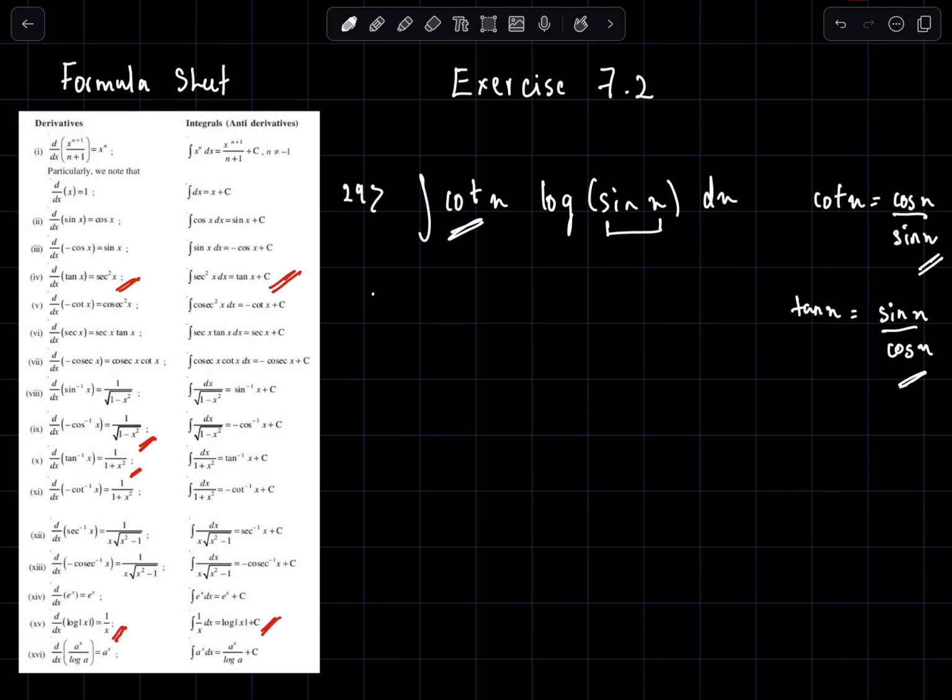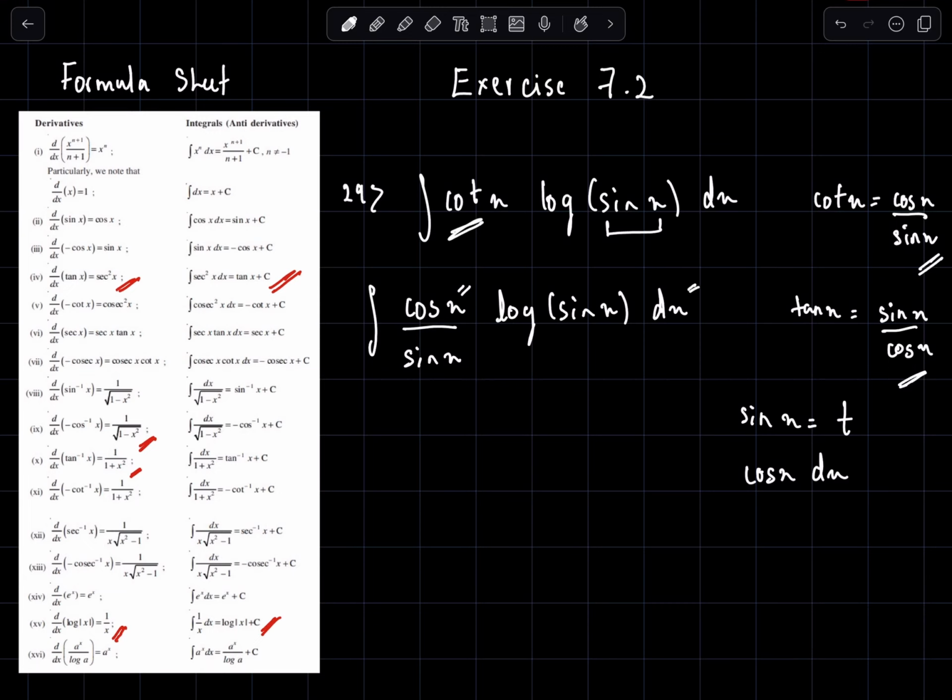Okay, so you can rewrite the equation as cos x divided by sine x log sine x dx. So like I said, sine x is equal to t. Now differentiate this, you would get cos x dx, which you have here.